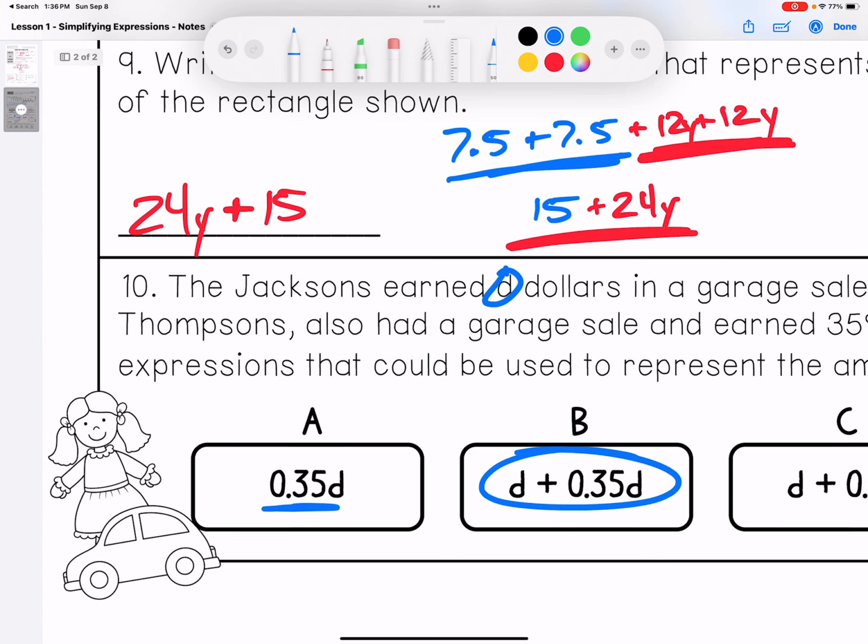Now, A could have been right if they did 1.35 times D, but they didn't. They only did 35%. So if D was an imaginary number of $2, 0.35 times 2 is not even $1. So if the Jacksons earned 2, if we did it by A here, we would have said the Thompsons earned less than $1. That's not right.